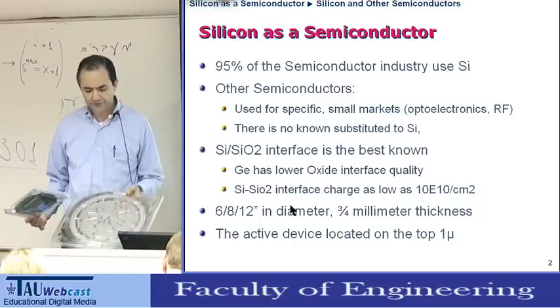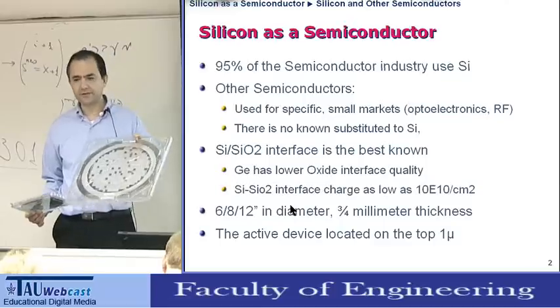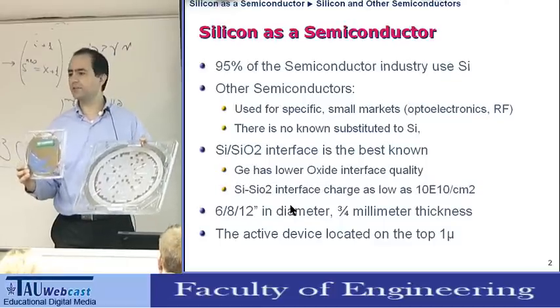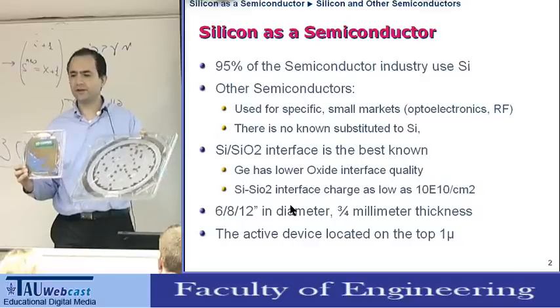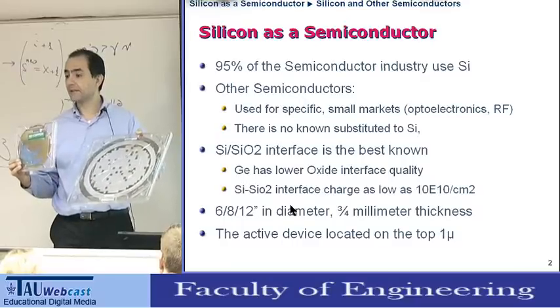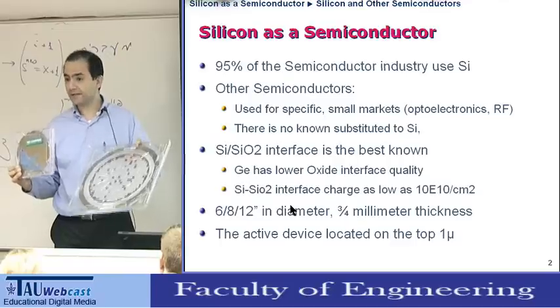Why do we prefer to run silicon on a 12-inch wafer instead of an 8-inch wafer? Why is it better to do it on this wafer than on this wafer? Yeah, so more chips at the same time.